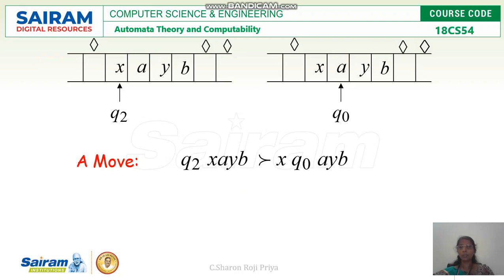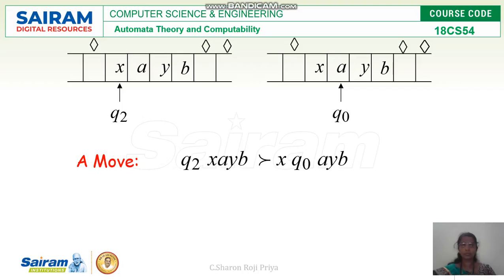One more example. My read write head is pointing to X and the state is Q2. You check before your read write head: do you have any input symbols? No, you have only blank symbols.